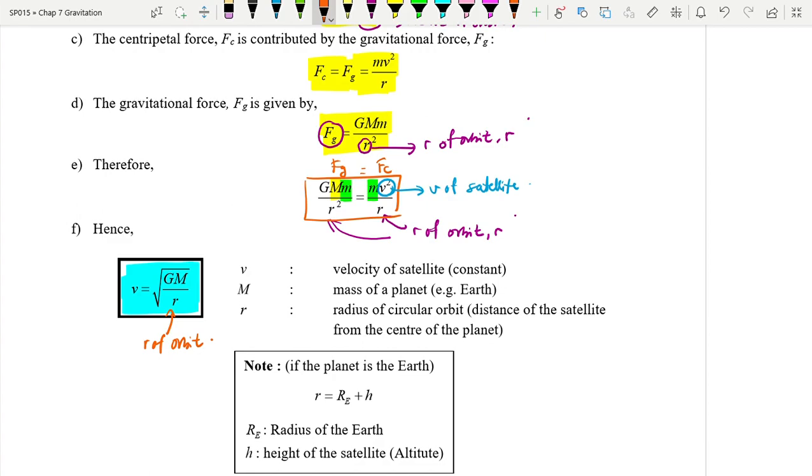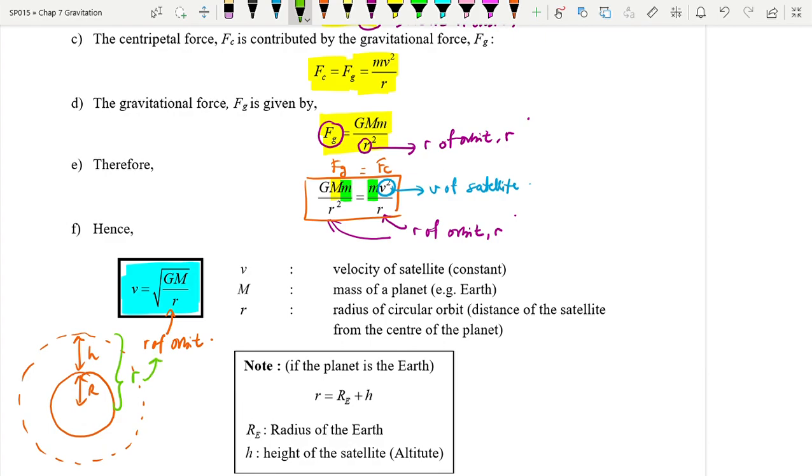So bila kita cerita tentang radius of orbit, maksudnya kita kena consider lah orbit selalunya dia luar daripada planet. So kalau ini adalah radius of planet, so kita kena tambah sikit altitude height dekat sini. So baru dia akan jadi radius of orbit kat sini. Okay, saya guna color lain lah. Boleh nampak kan? So baru dia jadi radius of orbit dekat sini.